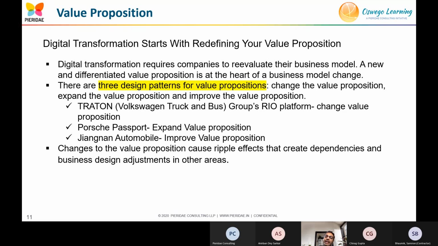Second one is expanding your value proposition. Porsche Passport. Porsche is, you know, high-end vehicles. It's a status symbol to have a Porsche in foreign countries. In our country also, so many guys are having Porsche now. Porsche has come up with a concept called Porsche Passport. You do not need to own or purchase a Porsche car.